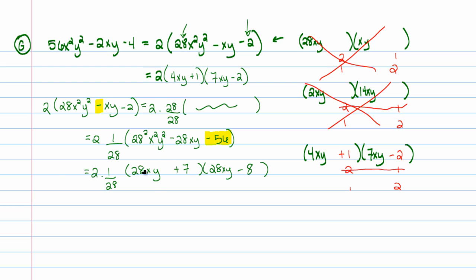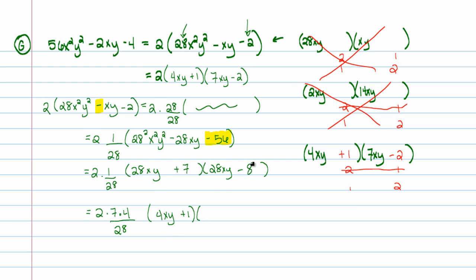Now you just look at these and think, can I factor anything out? For example, in this first binomial, I can factor a 7 out. In the second binomial, I can factor a 4 out. If I factor a 7 out of the first one, I get 4xy + 1.